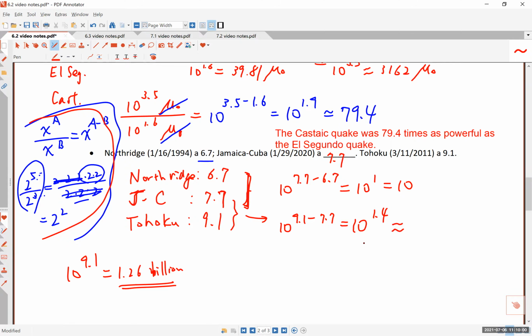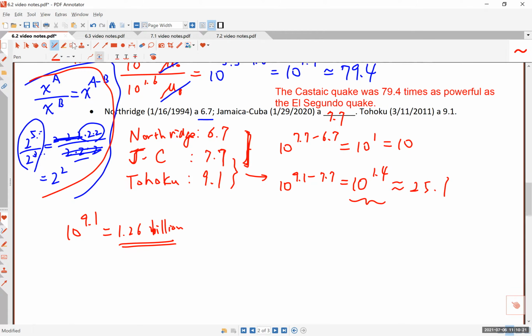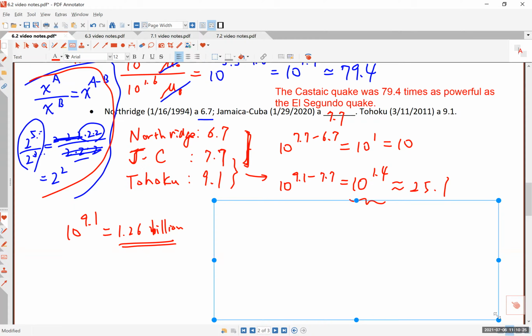You do this on your calculator because you can't really do this by hand. You know the answer is going to be between 10 and 100, because 100 is 10 squared, and this number is clearly smaller than 2. So the answer turns out to be 25.1.